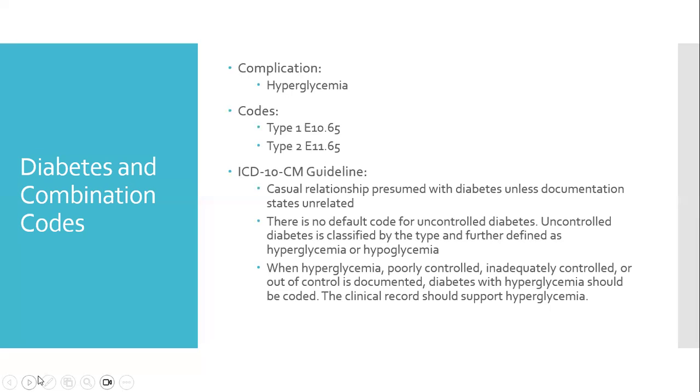So, when hyperglycemia is poorly controlled, inadequately controlled, or out of control, diabetes with hyperglycemia should be coded. So, when they tell you these specific call-out words, if your provider says diabetes with hyperglycemia poorly controlled, we know that that's still E11.65. But you have to have the support for it to be coded with hyperglycemia.